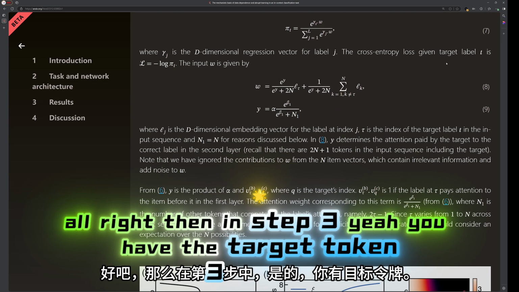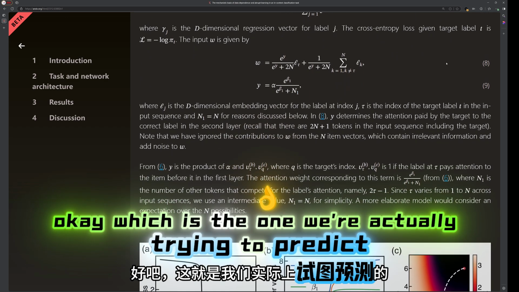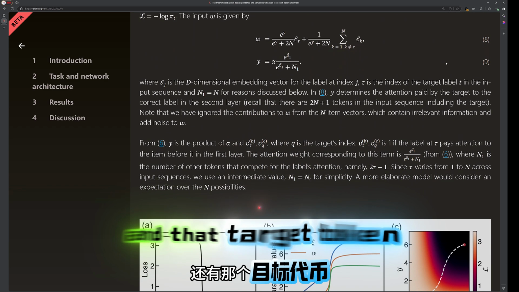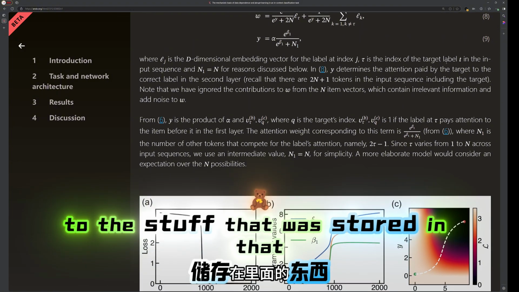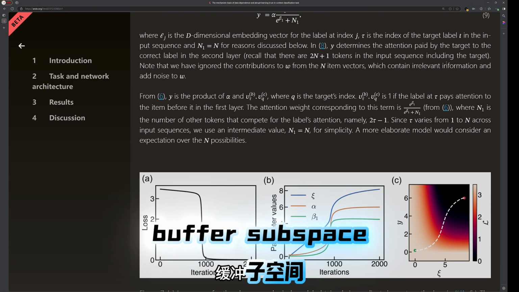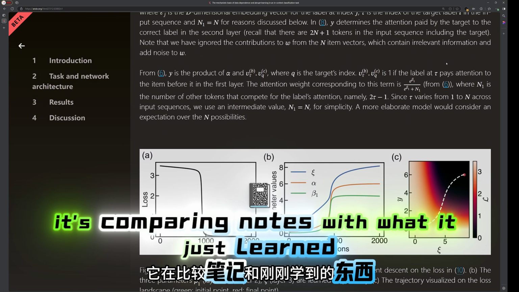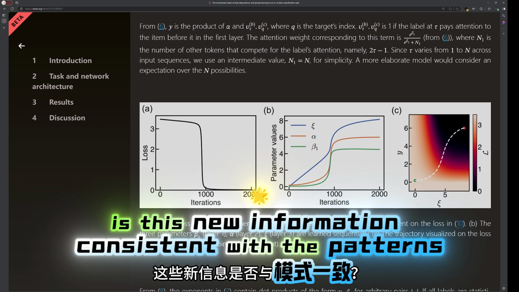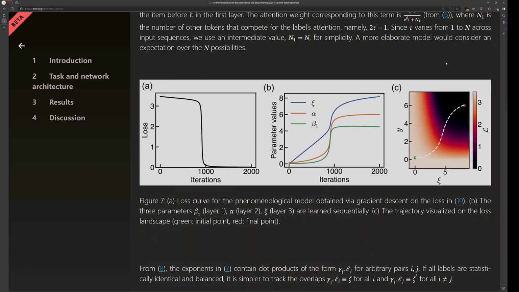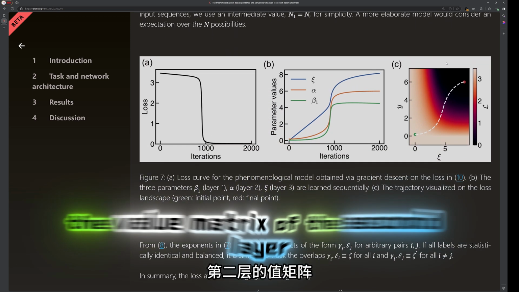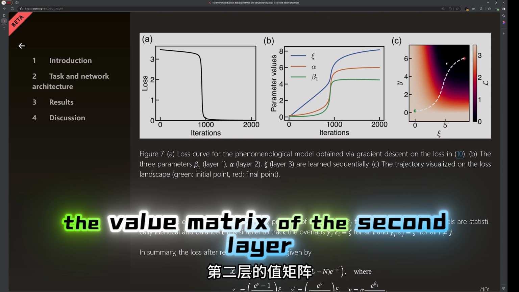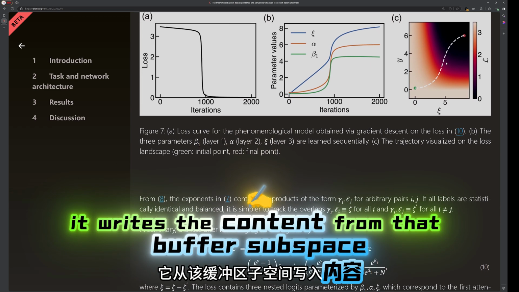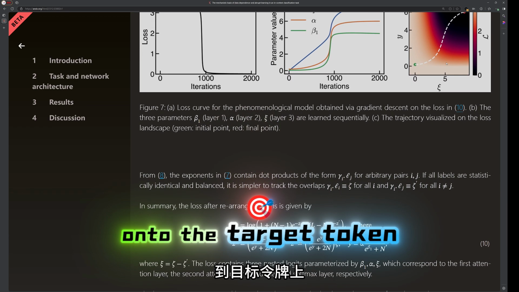All right, then in step 3, you have the target token, which is the one we're actually trying to predict. And that target token matches its content to the stuff that was stored in that buffer subspace. So it's like it's comparing notes with what it just learned. Exactly. It's like, is this new information consistent with the patterns I just saw? And then finally, in the last step, the value matrix of the second layer writes the content from that buffer subspace onto the target token.